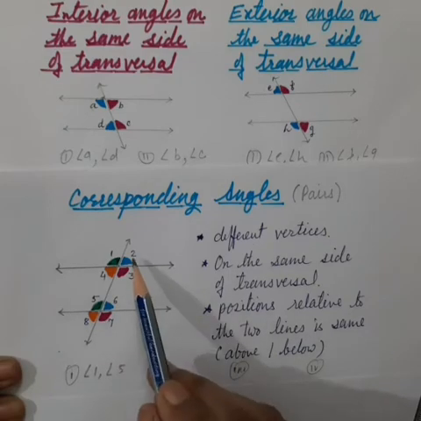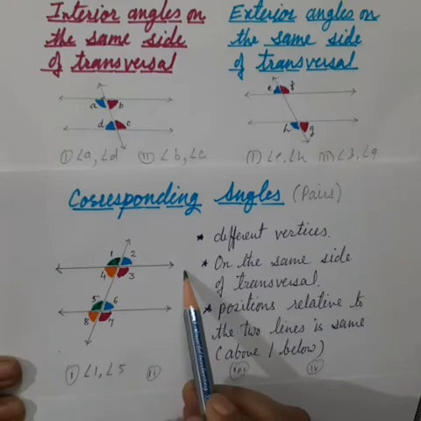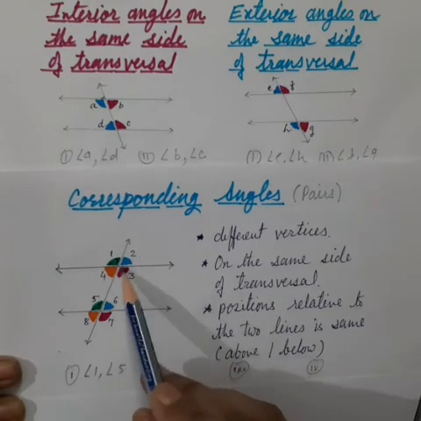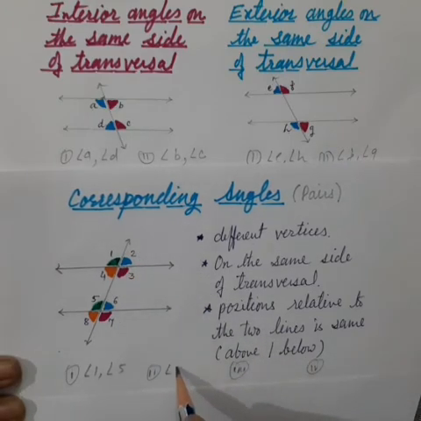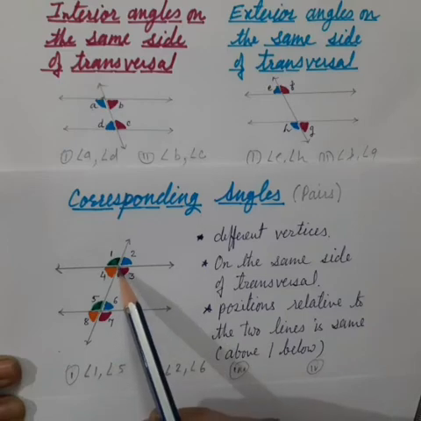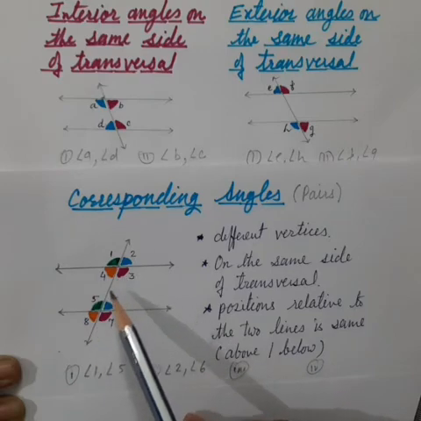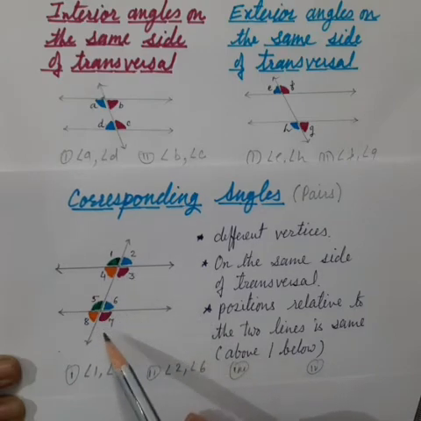In the same way, angle 2 and angle 6 have different vertices. Both are on the right side and both are above these two lines. So angle 2 and angle 6 are also corresponding angles. Angle 3 and angle 7, vertices are different. Both are on the right side of the transversal and both are below these two lines.